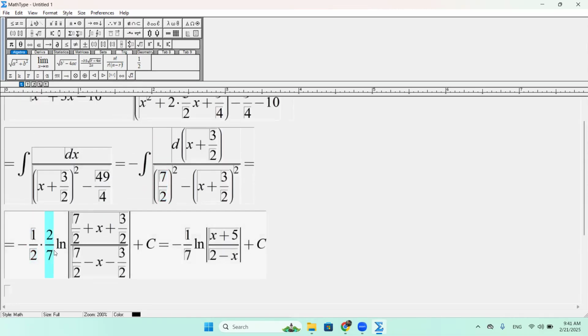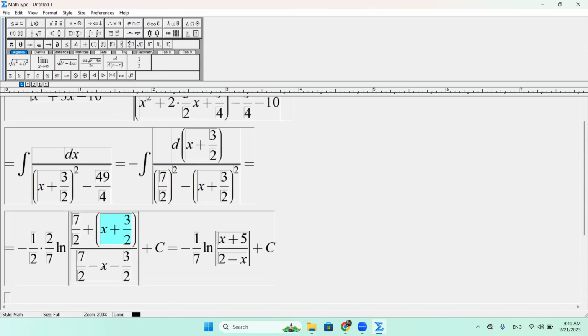So we multiply by 2 over 7. And also this expression can be taken into brackets. So I moved this expression x plus 3 over 2 under the differential. So that we did on the previous lesson. Have I answered your question? Yes. Thank you. Okay. More questions?